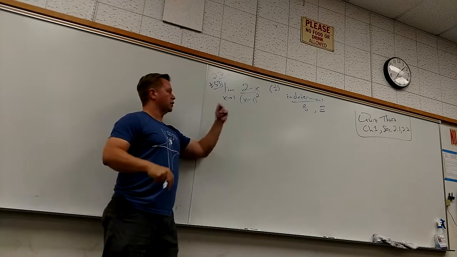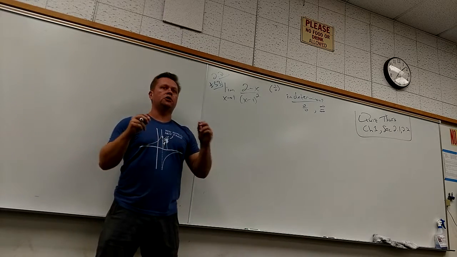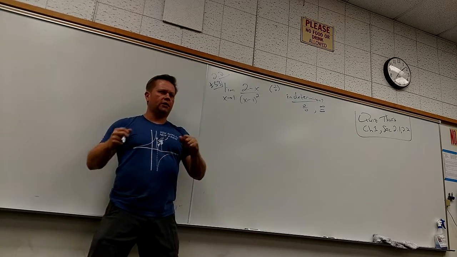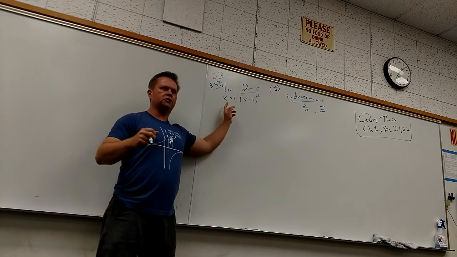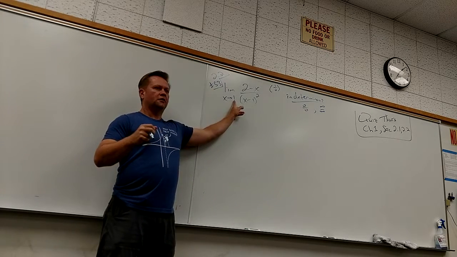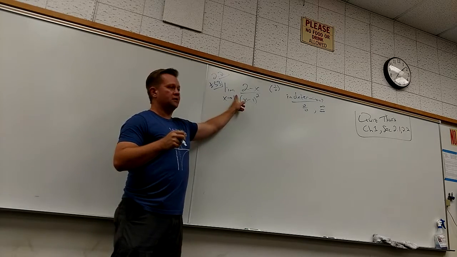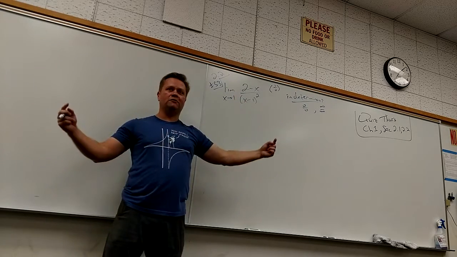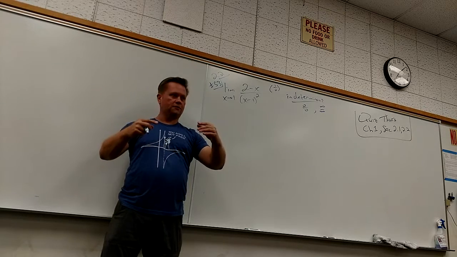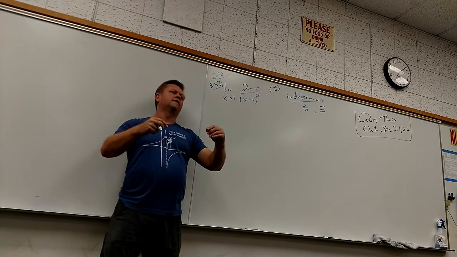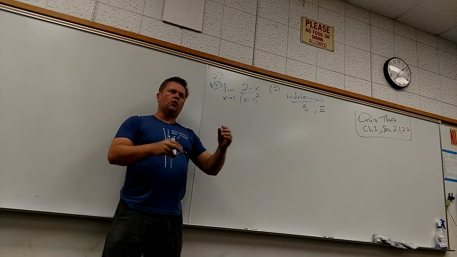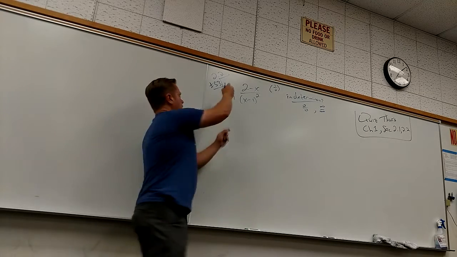You see how, am I going from one side or the other? Am I approaching 1 from the left or the right, or how am I approaching 1? Is there a little plus or minus up here? No. So I'm coming at it from both directions, so they have to agree. Okay. So what does this mean?